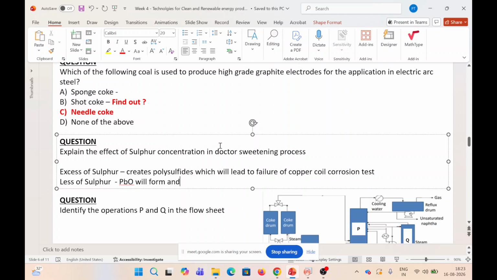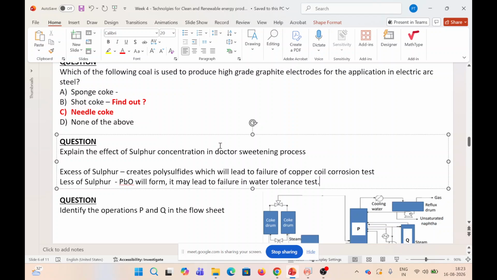Once the lead oxide is formed, it may lead to failure in the water tolerance test. So please remember this: what will happen if the sulfur concentration is more or less in the Doctor sweetening process.